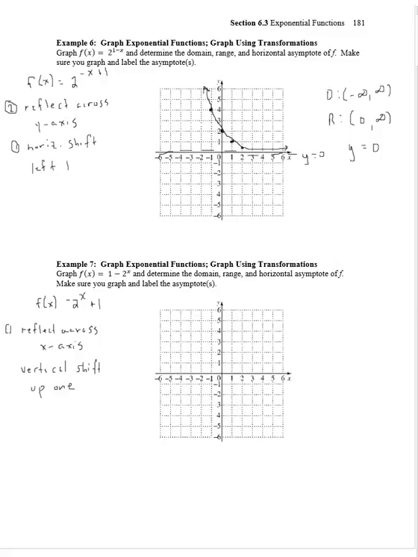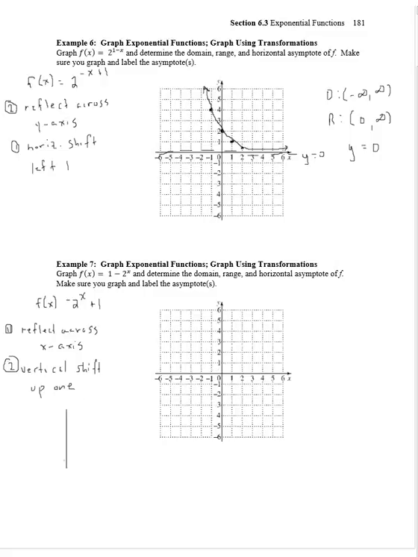So reflect first and then shift. So let's see. Or we can just plot points.